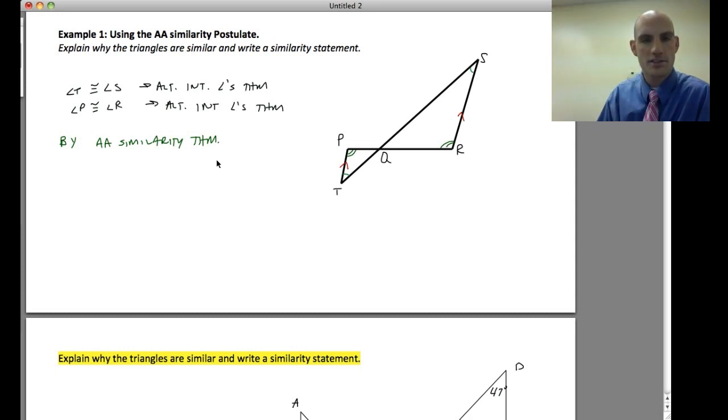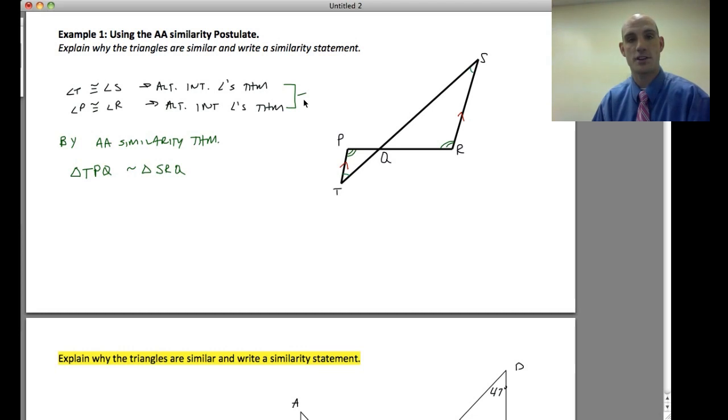So by the angle-angle similarity theorem, triangle TPQ is similar to triangle, now let's be careful, TPQ goes from 1 to 2 to the blank one, so this is triangle SRQ. So I can say that they're similar using the triangle similarity theorem. Important piece that I used right here: the alternate interior angles theorem. Remember that one because you're going to use it a lot in the coming examples.